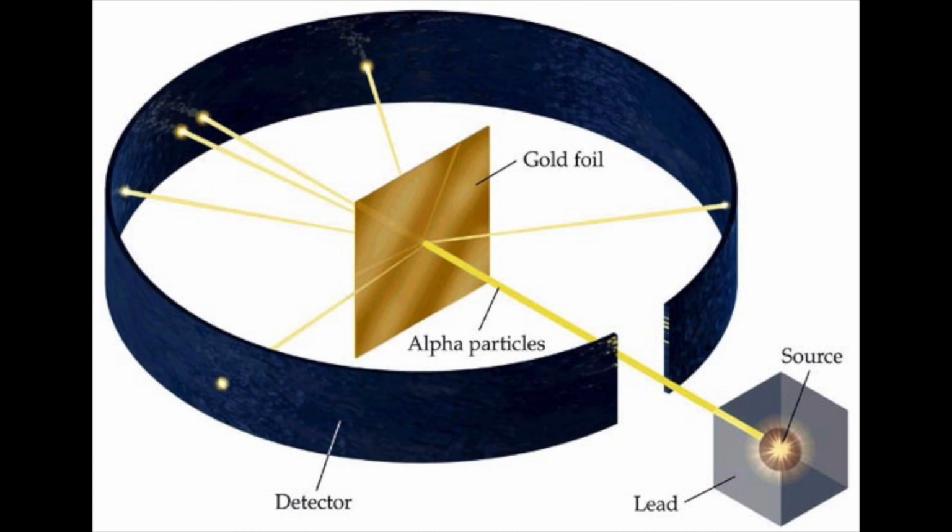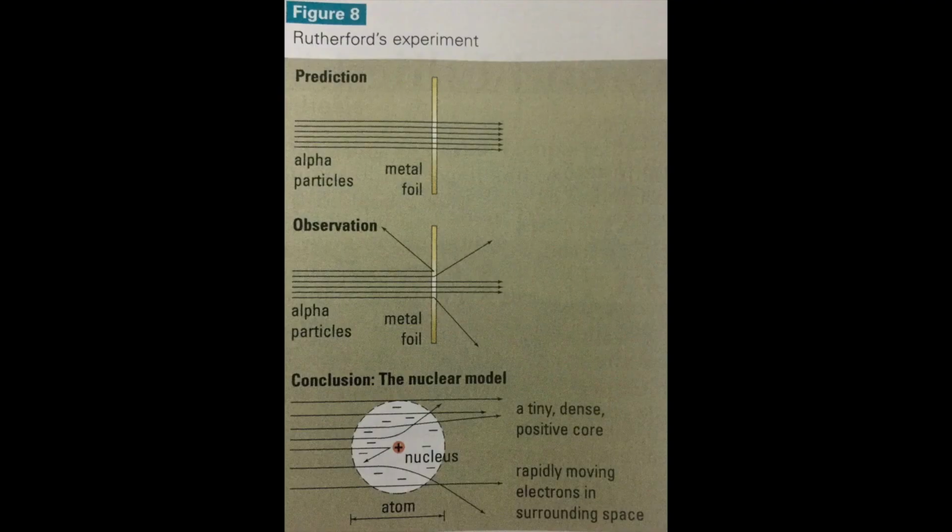He predicted, based on Thomson's raisin bun model, that the particles would pass straight through the gold foil, as indeed most of them did. However, a very small number of the alpha particles bounced almost straight back from the gold foil.